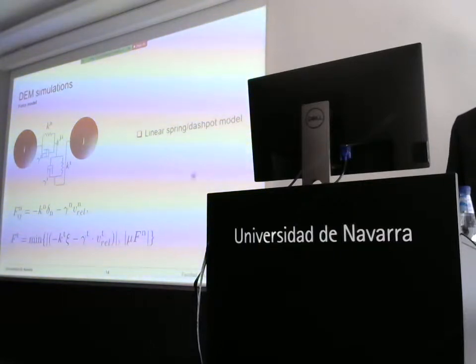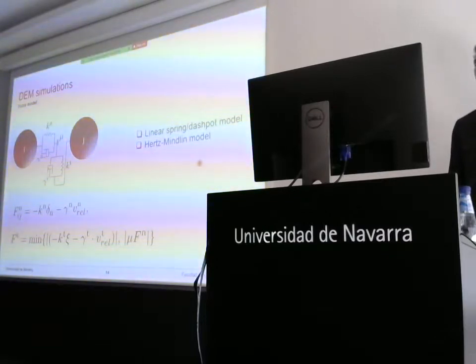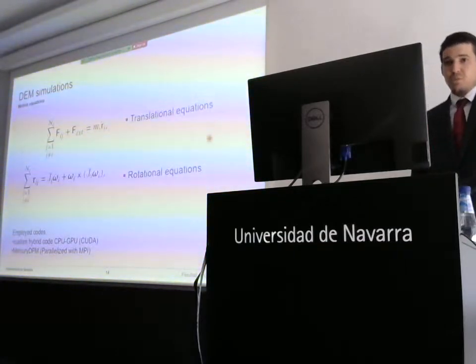We have two models which have been employed in this investigation. The first one is the linear spring-dashpot model, and the second one is the Hertz-Mindlin model. The first one will be used in the third benchmark, and the Hertz-Mindlin model was used in the first and the second benchmarks.